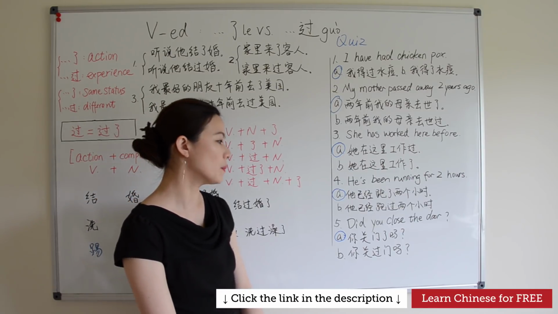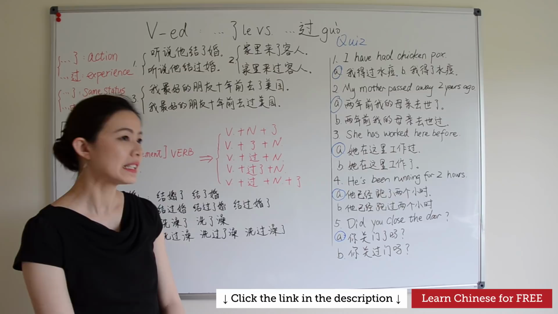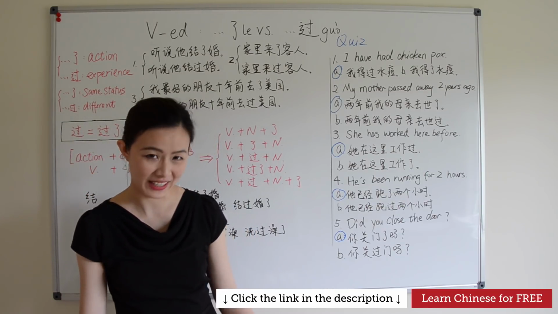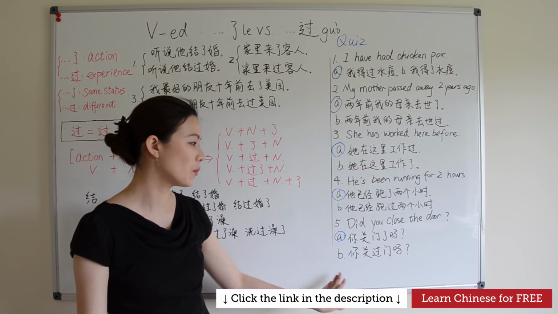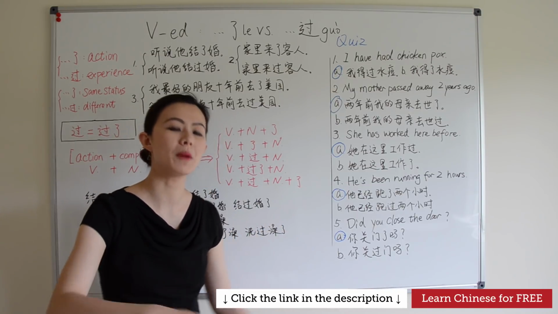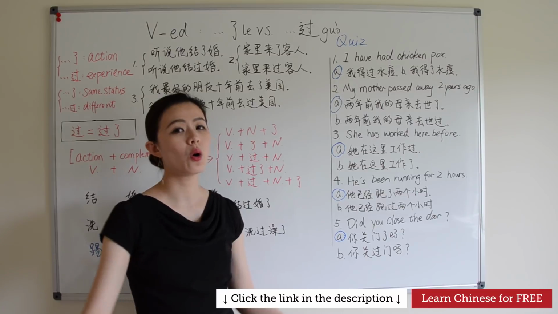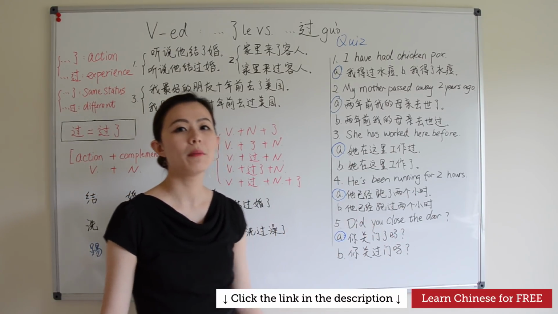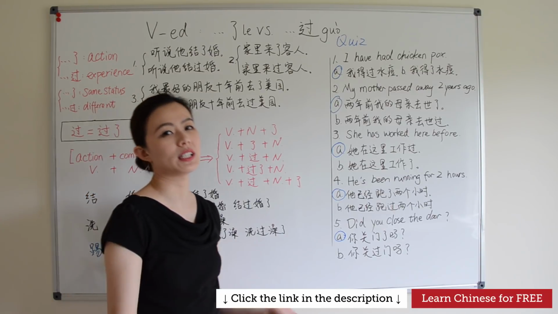But 关过门吗, you actually mean have you closed the door and then opened it again? It's actually what this implies. 关过门吗, maybe you closed it and you opened it back up. And 你关门了吗 means just closed it.